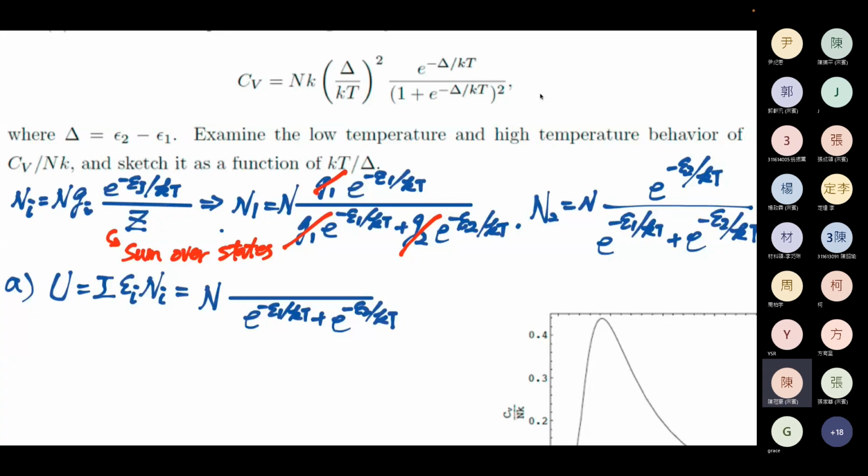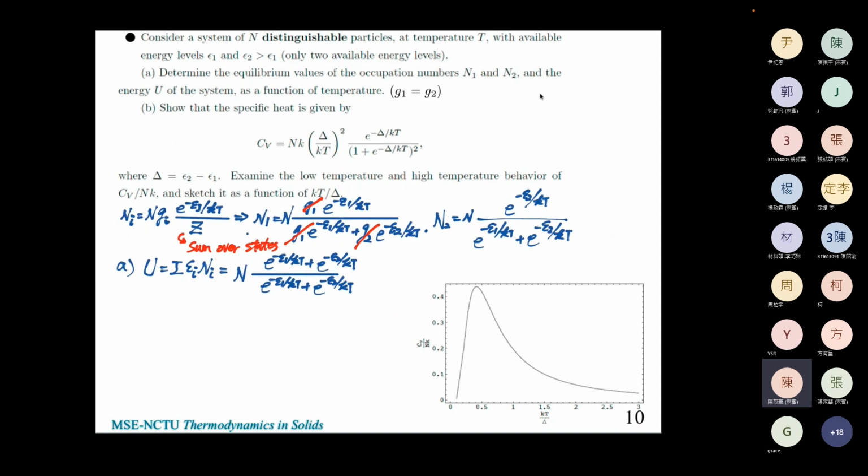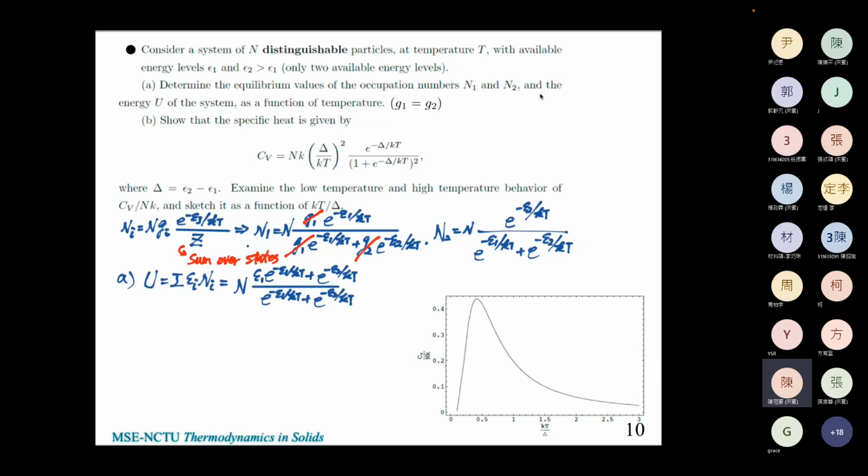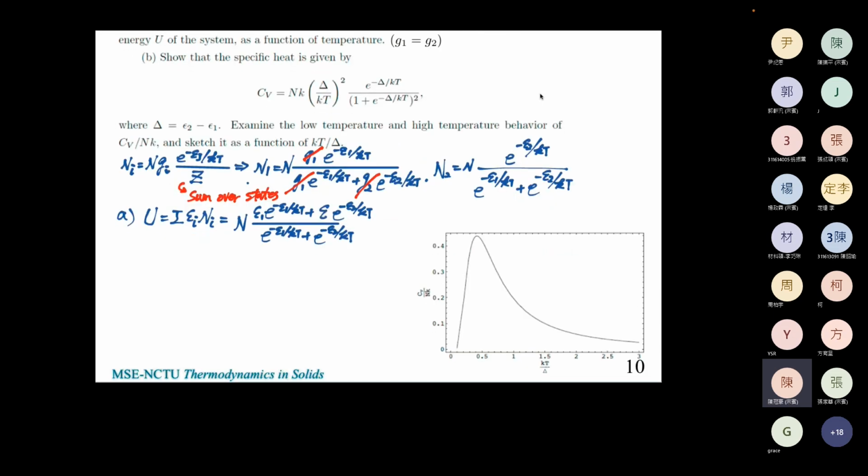And then, copy and paste, but we need to multiply by epsilon 1 and epsilon 2.